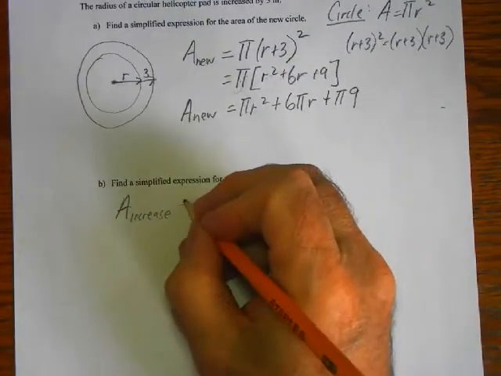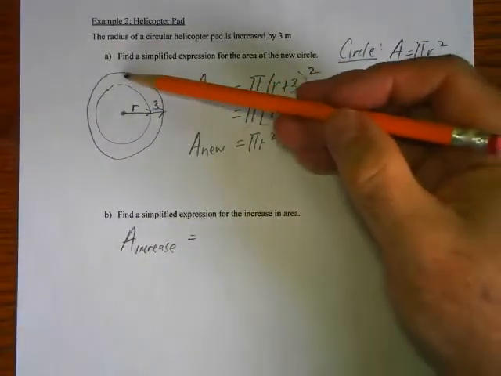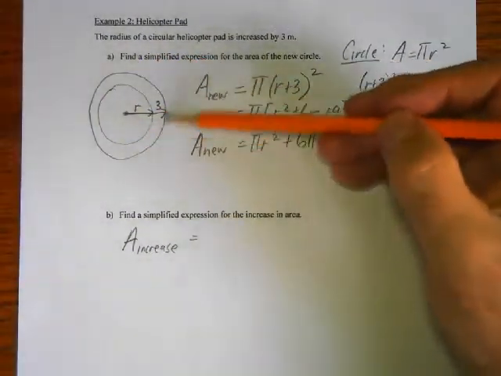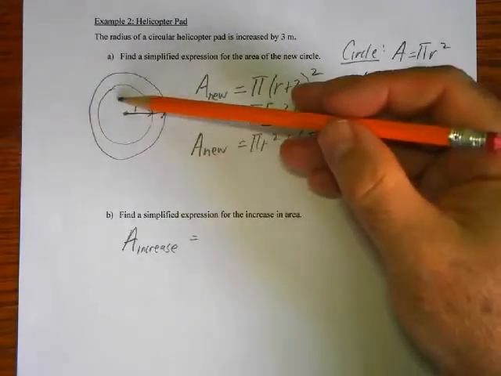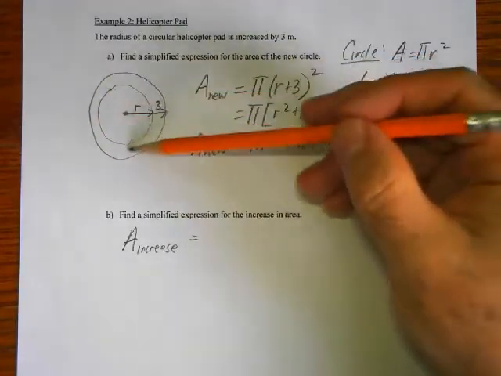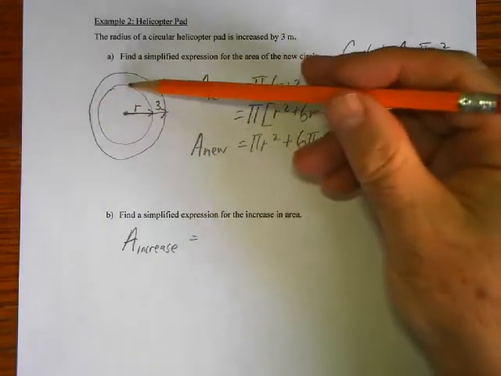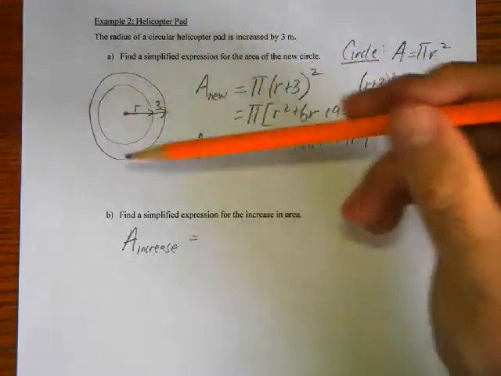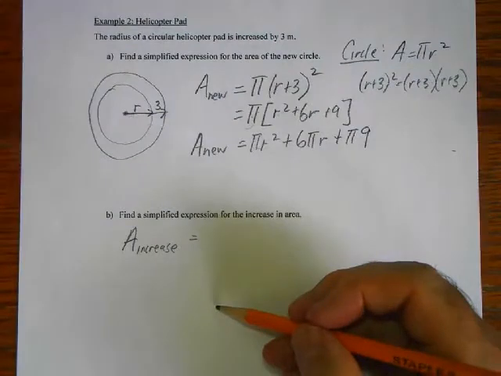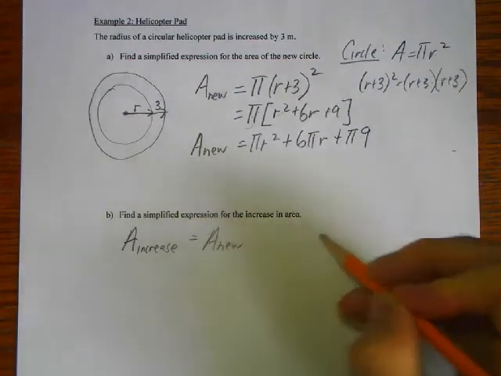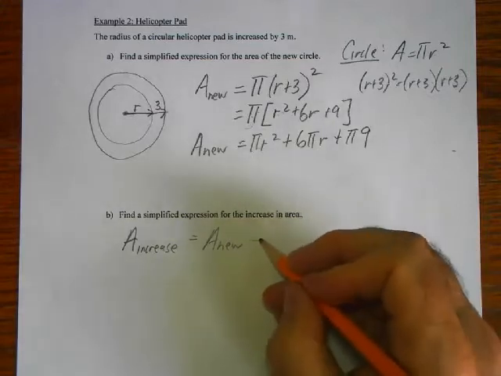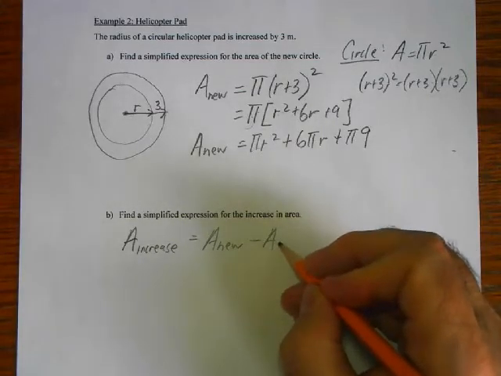That's equal to the area of the big circle, the new landing pad, minus the original area. The difference would be this donut part here, and that will be the area that it's grown by. So it's the new area, the big circle, minus the old area, or the small circle.